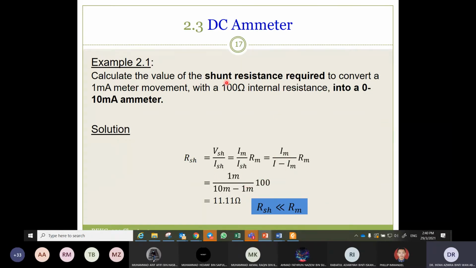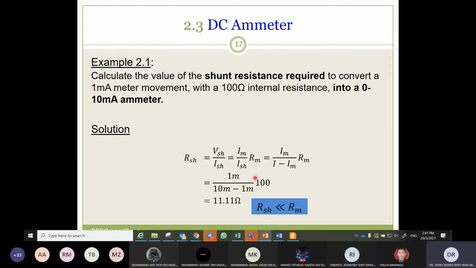IM is equal to 1 milli, RM is equal to 100 ohm, divided by I. I is the total, the full scale deflection of the ammeter that we want to build: 10 milli. 10 milli minus IM, which is 1 milli. So the answer is 11.11 ohm. This is the value of shunt resistance that is required.